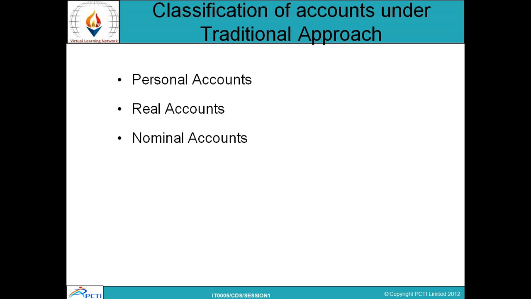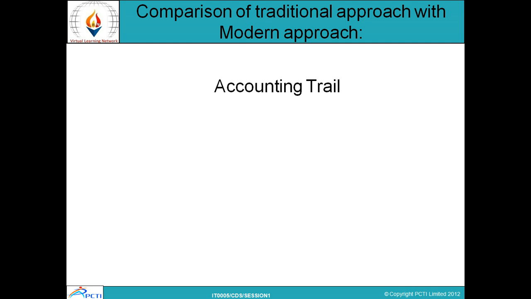Nominals are the expenses account, right? Profit and loss account. Coming further, comparison of traditional approach with the comparison of modern approach. Now, before going to this, let me have more detailed discussion on the different types of account. All right.